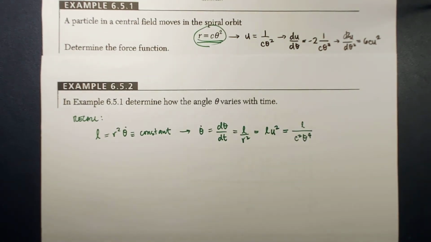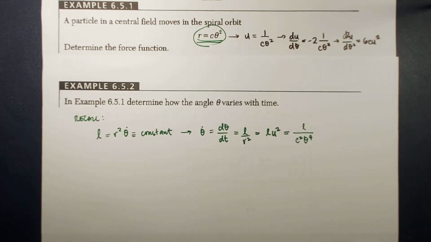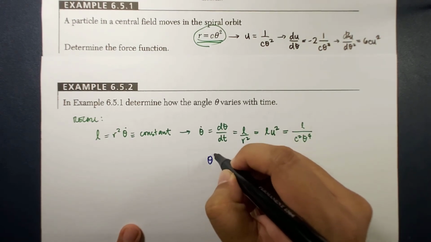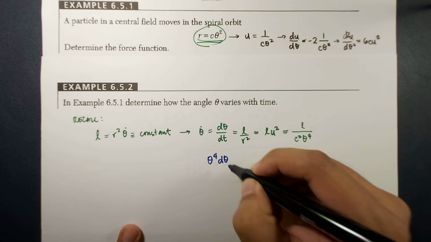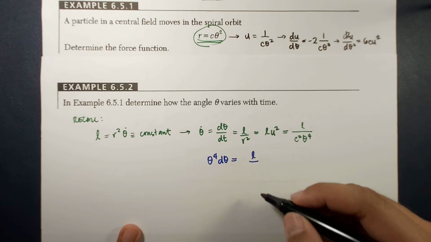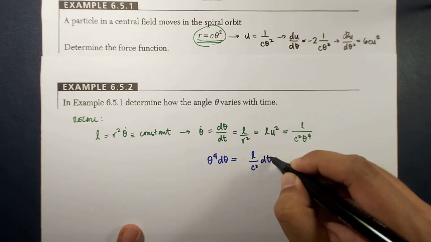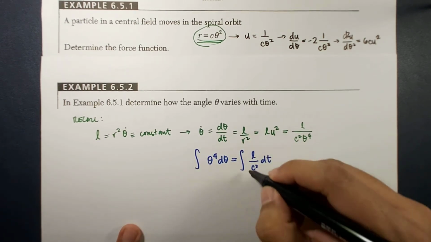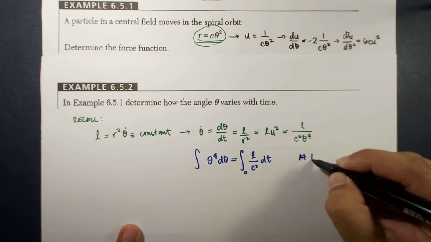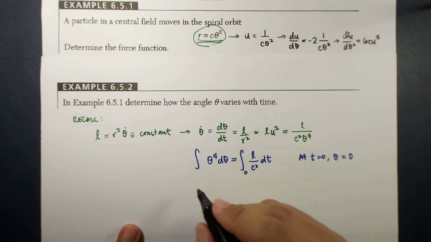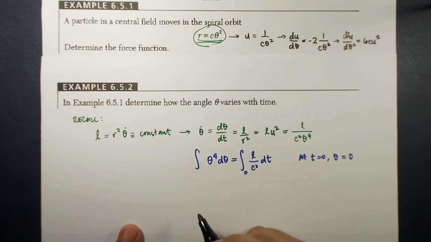Okay, so now solving this differential equation, we have the following. Theta to the fourth d theta is now equal to l over c squared dt. And the integration happens from time equal to 0, where theta is assumed to be 0. So that means it started with theta equal to 0, with 0 angular position with respect to the x-axis.